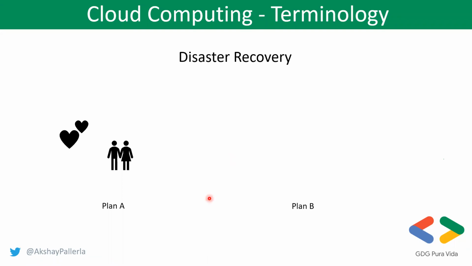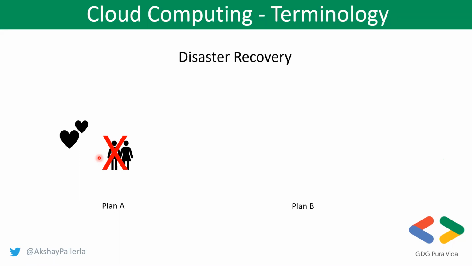Now, again, I really want to get through one disclaimer here. Focus on the importance of disaster recovery rather than the plan A, plan B here. Focus on why it is important to have a disaster recovery plan rather than thinking about having a plan B. You'll understand why this disclaimer is needed here, because let's say the same couple, they wanted to get married, but then for some reason things didn't work out and they broke up, right?